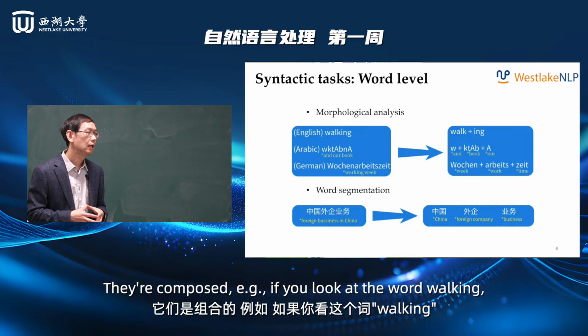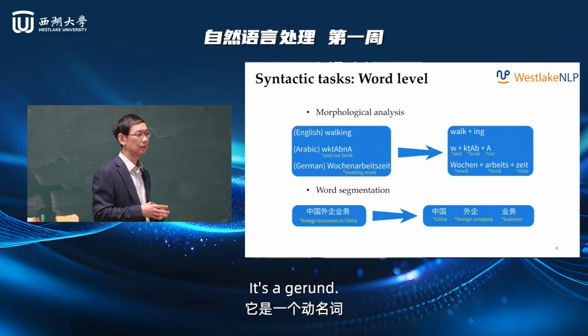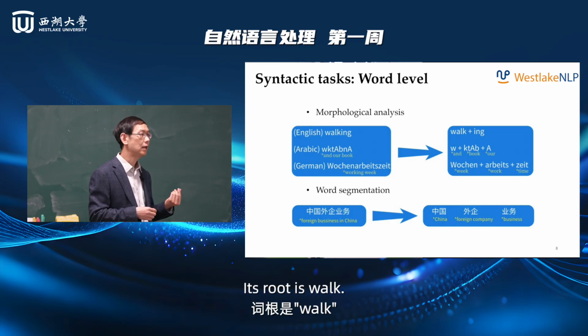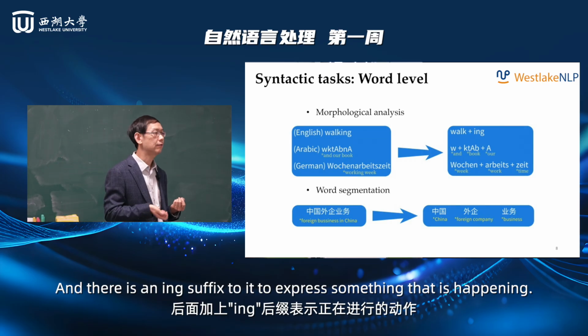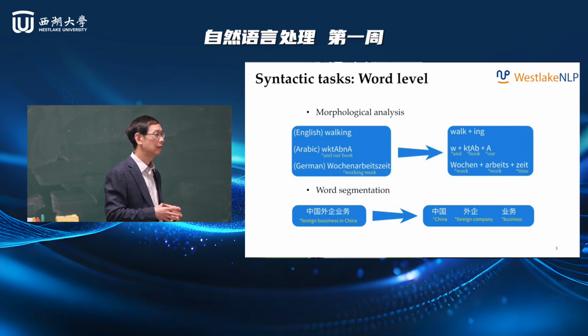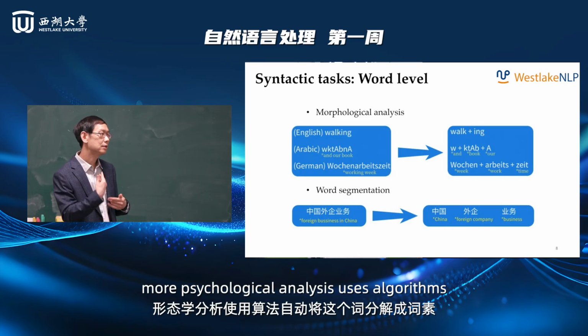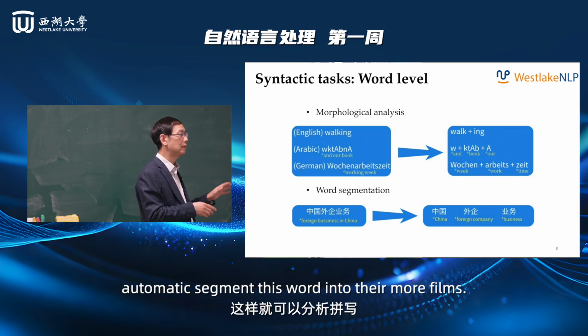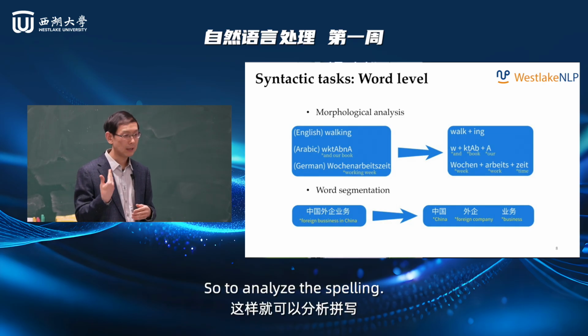For example, if you look at the word walking, right? So it's a gerund. Its lemma is walk. And there's an ing suffix to it to express something that is happening, right? Okay, so morphological analysis uses algorithms to automatically segment these words into their morphemes, okay? So to analyze the spelling.